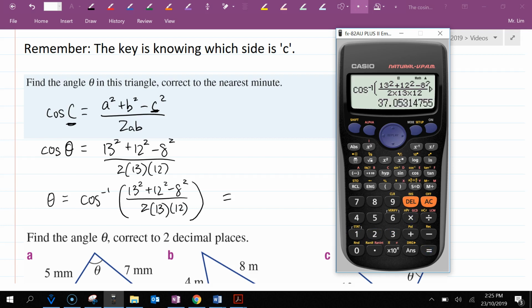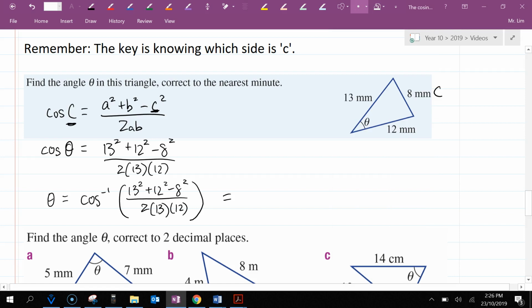And that equals 37.05 degrees. Now this question says correct to the nearest minute, so we need to press this button, degrees, minutes, seconds: 37 degrees and 3 minutes. And that's our final answer.